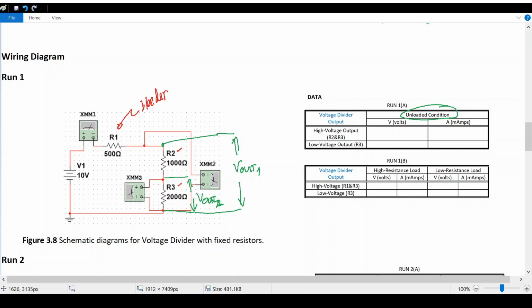The terminals of R3 of the V out 2 and the series of R2 and R3 or V out 1 has no resistance connected. So this is without load condition, and you simply connect an ammeter.